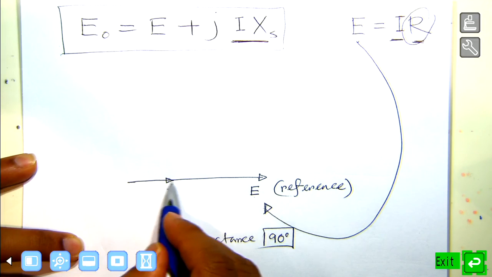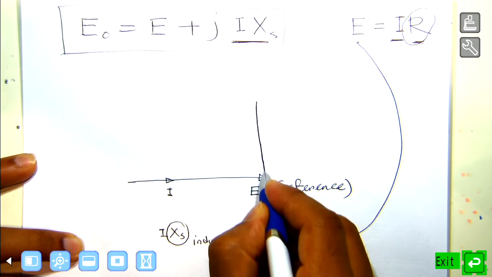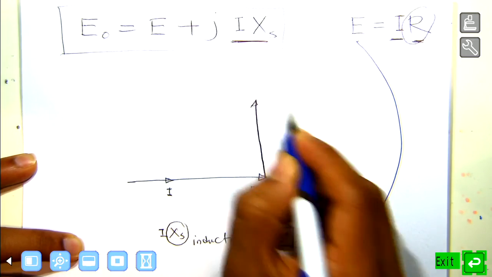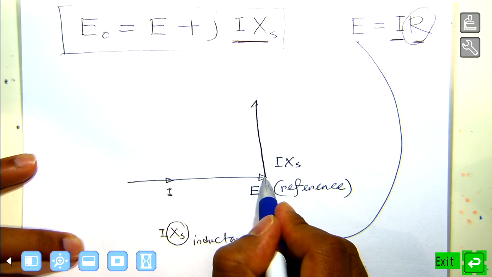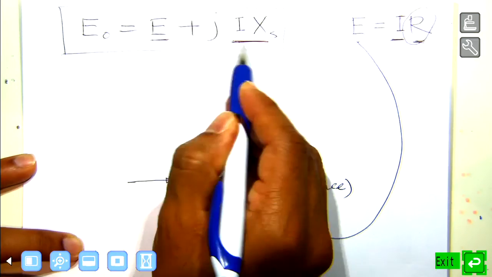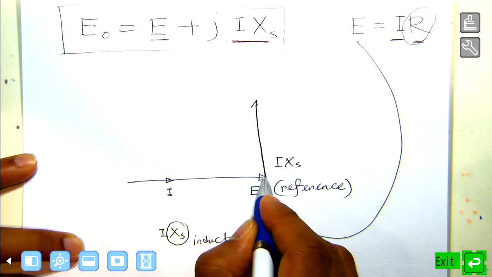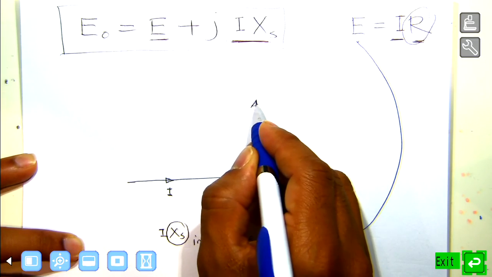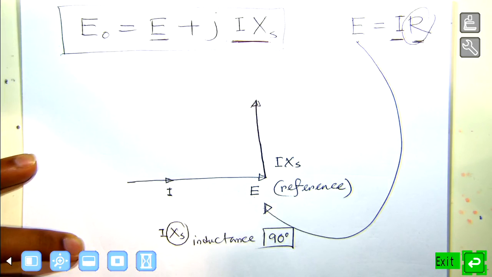So if I is this way, your IXS will be 90 degrees with that. Why am I putting it here? Because I have to add IXS with E. So with E, I added IXS, and because of that J, there is 90 degree phase shift.